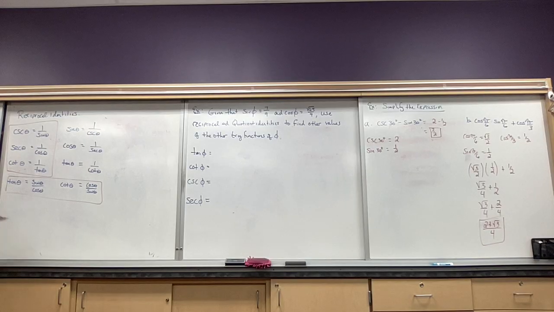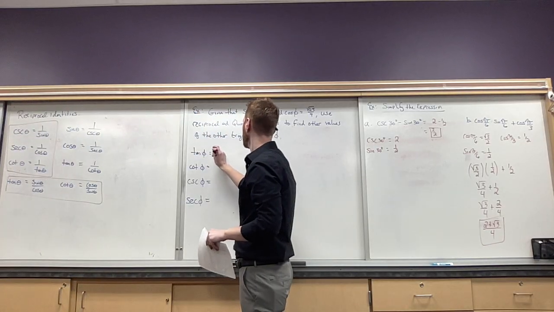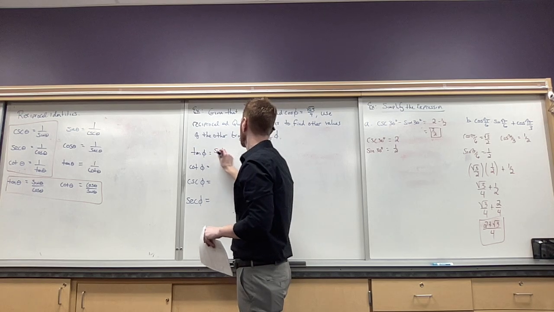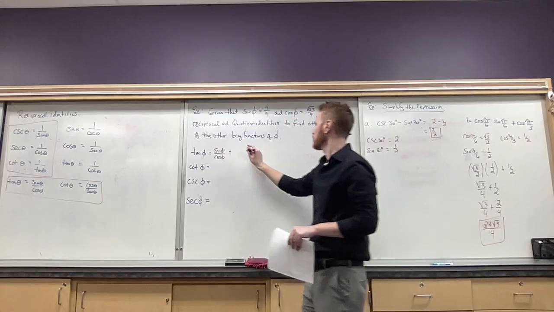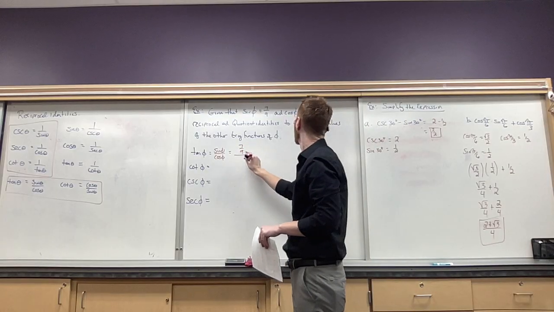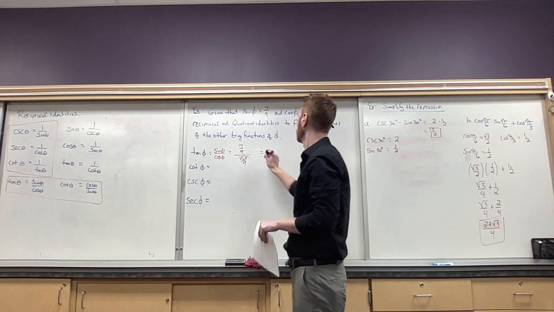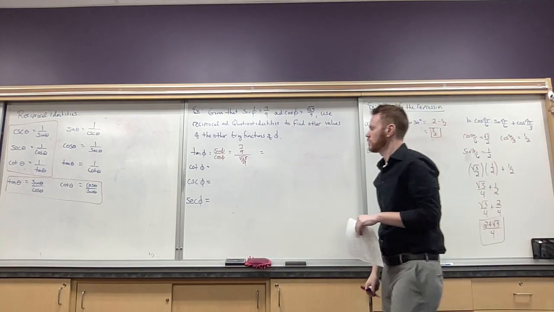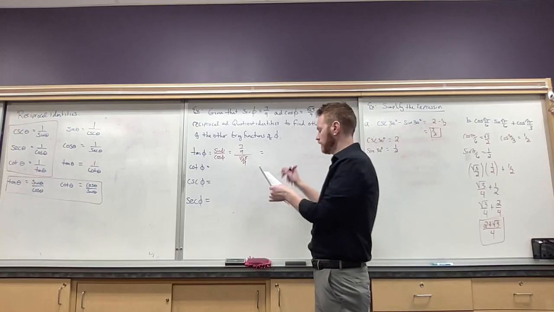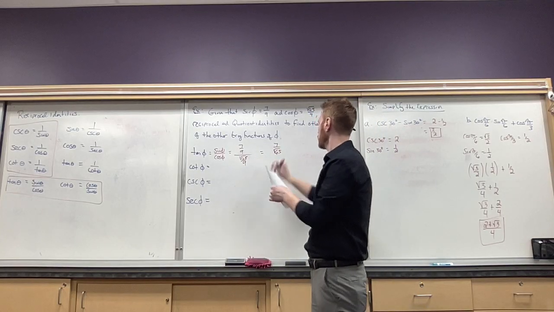Okay. So for the first one, I know tangent of phi is the same thing as sine of phi over cosine of phi. So I'm going to go ahead and plug those numbers right in. It's going to be 7 over 9 over square root of 65 over 9. Flipping it over and multiplying, I get 7 over square root of 65 when I simplify it.